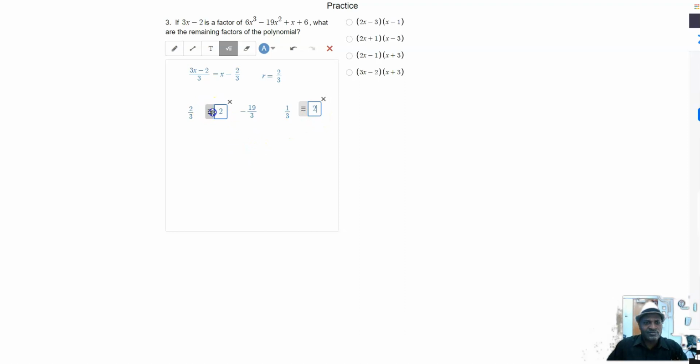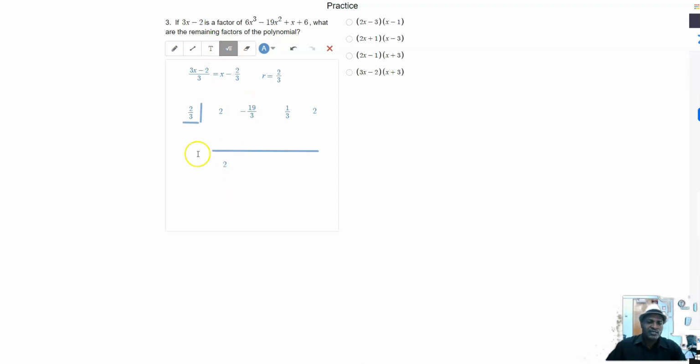Now I'm ready to divide synthetically. Synthetic division works even with fractions. That's basically what I'm trying to tell you. Let me set up my little box for my divisor and draw my line down. Let's get to work. Drop the 2.